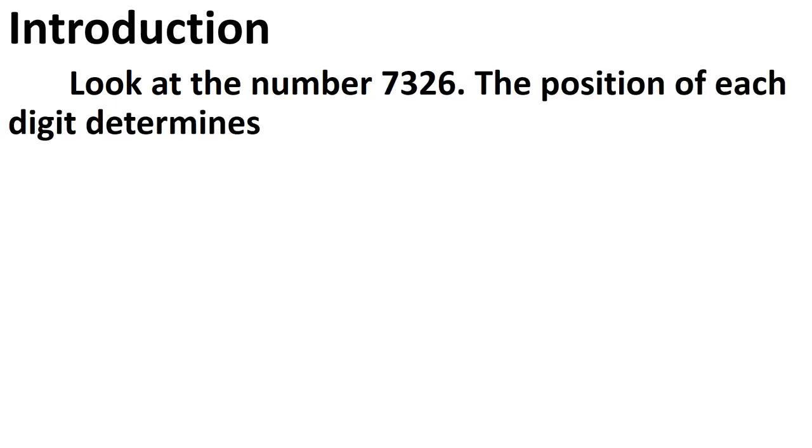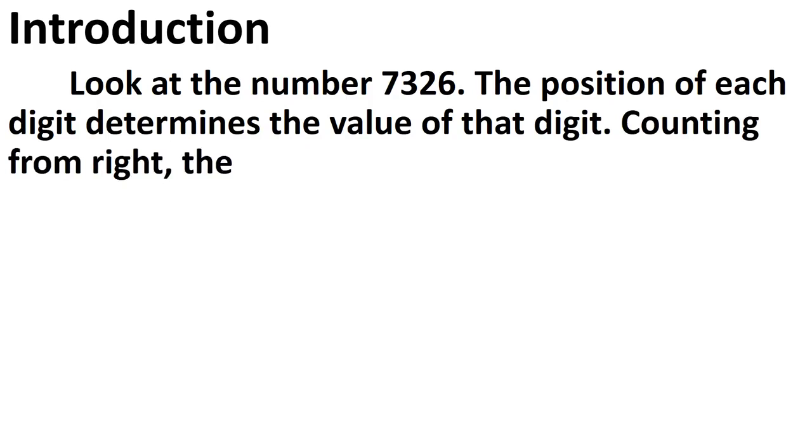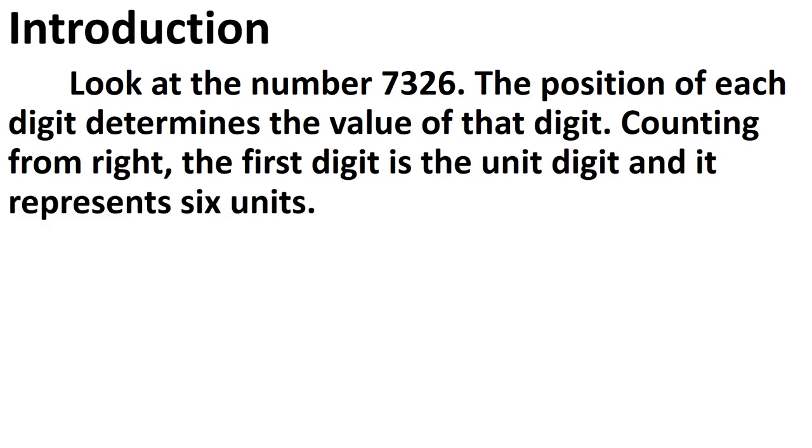Look at the number 7326. The position of each digit determines the value of that digit. Counting from the right, the first digit is the unit digit and it represents 6 units.